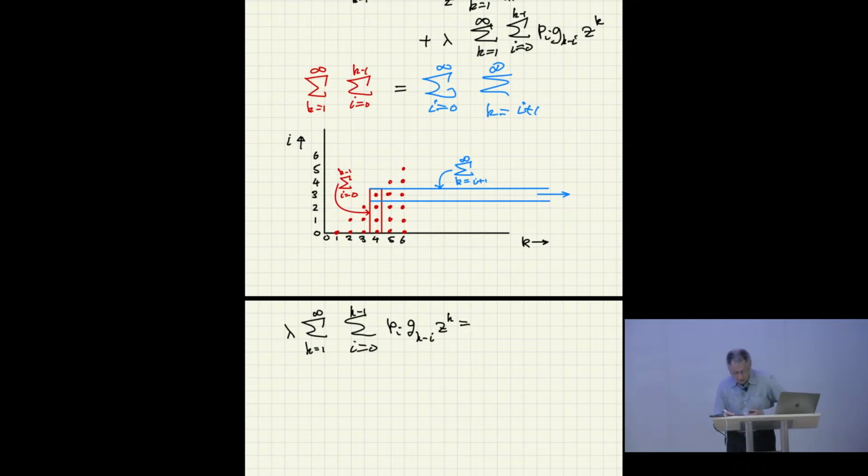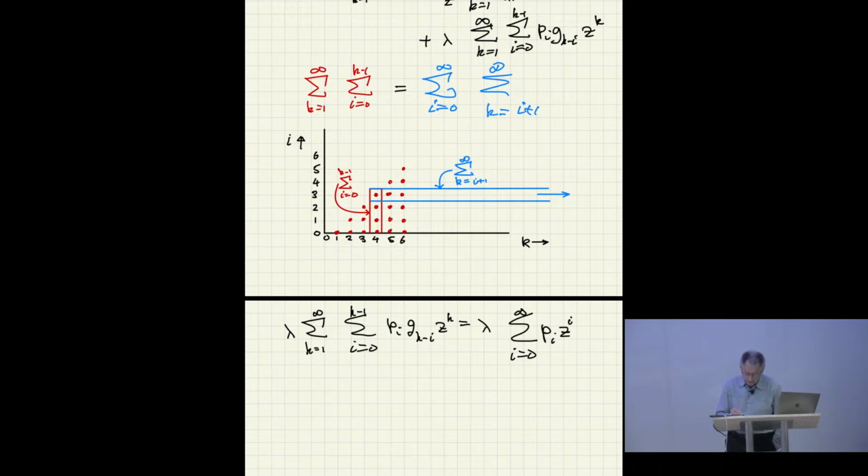Now let's change the order of summation. We've got the lambda. First I want the summation i equals 0 to infinity. And when I look at the expression at the top of the page, pi is independent of k, so I can pull that out under this sum. And I know I'm looking for z to the i, so let me put it in and I'll give it back in a minute.